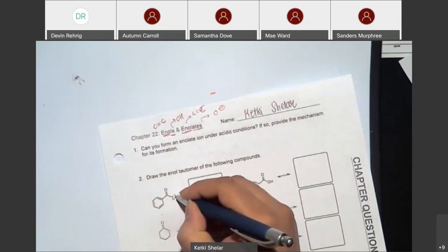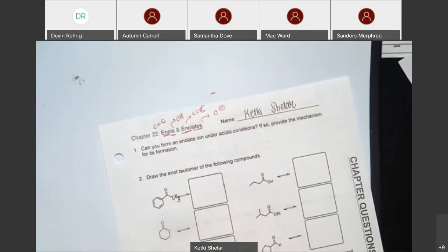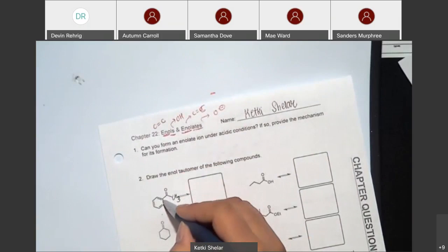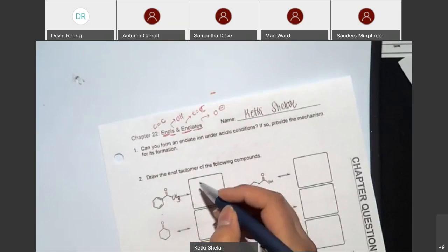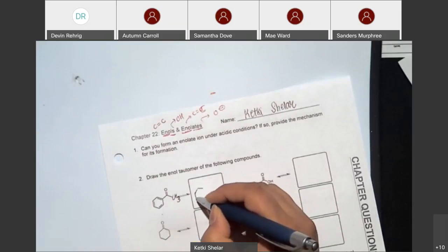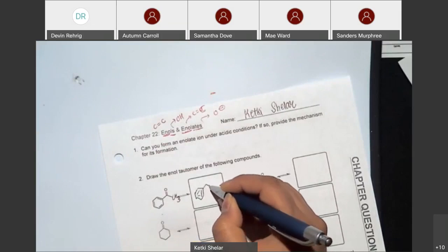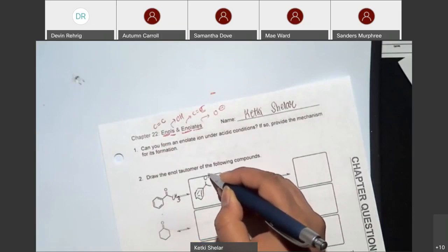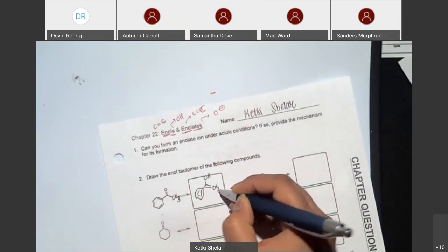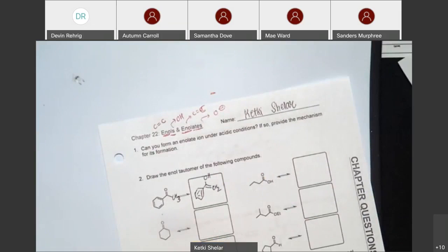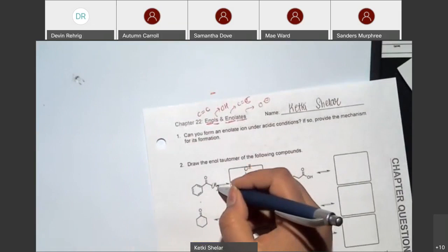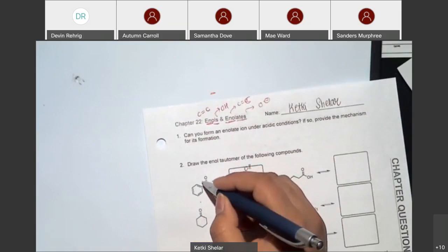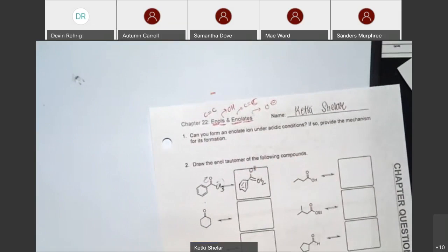This is a CH3, right? And there is no hydrogen on the phenyl side. Whenever you have tautomerization, you will form the double bond with CH2. How it works is that the hydrogen from here will be removed and this will go.